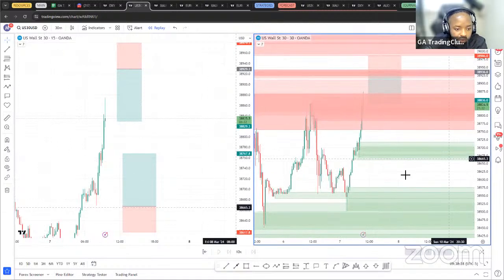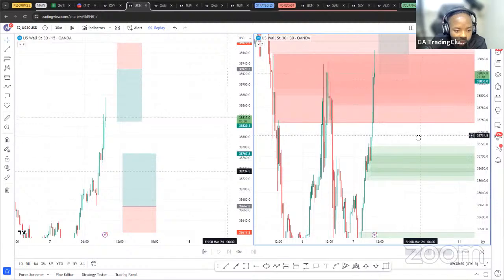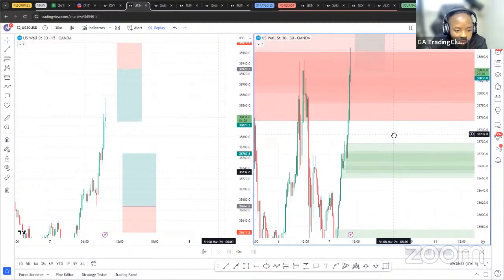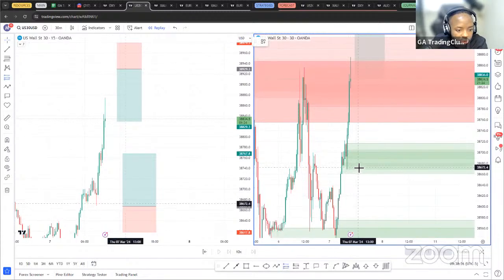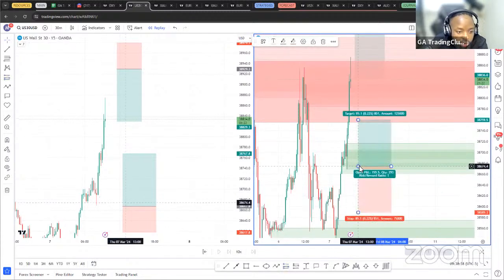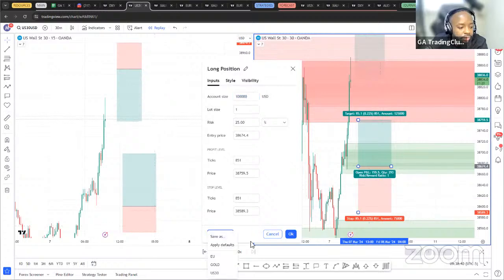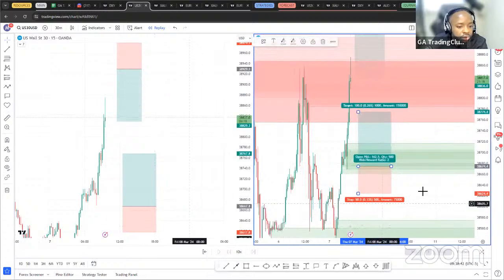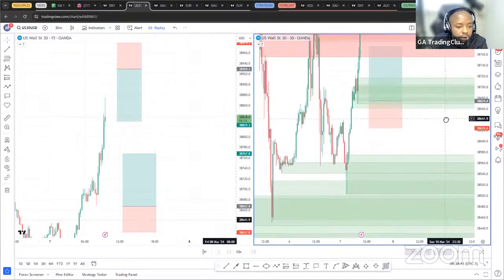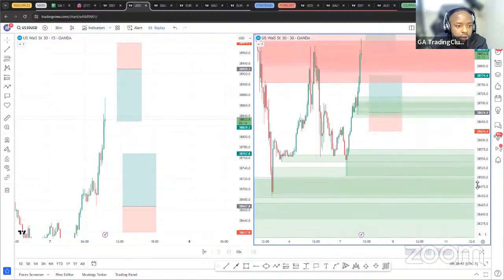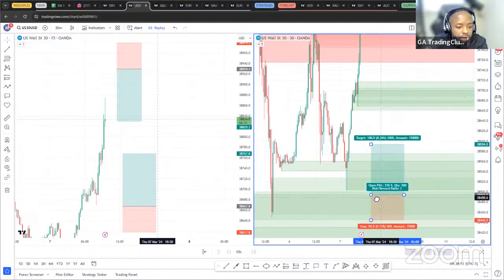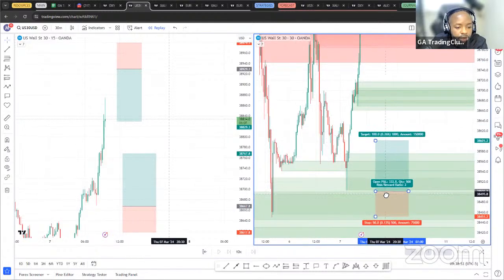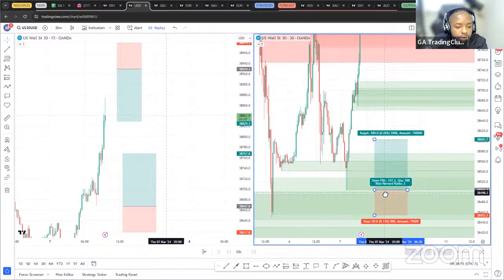And then if we're looking to buy, you go ahead and do this zone right here. Oh, actually here for US 30, I think this one would be a better zone right here.